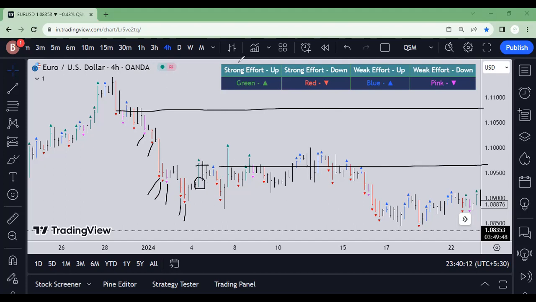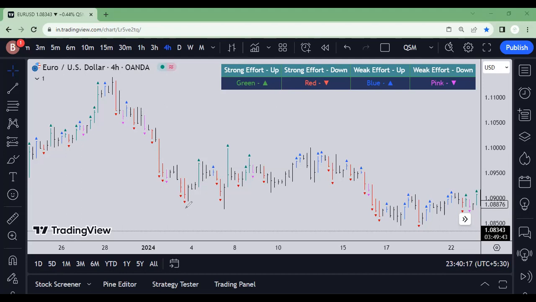So from here, we are going into a zone wherein we might see some kind of consolidation, or this would be nullified after a few bars if we see no or weak effort upwards.